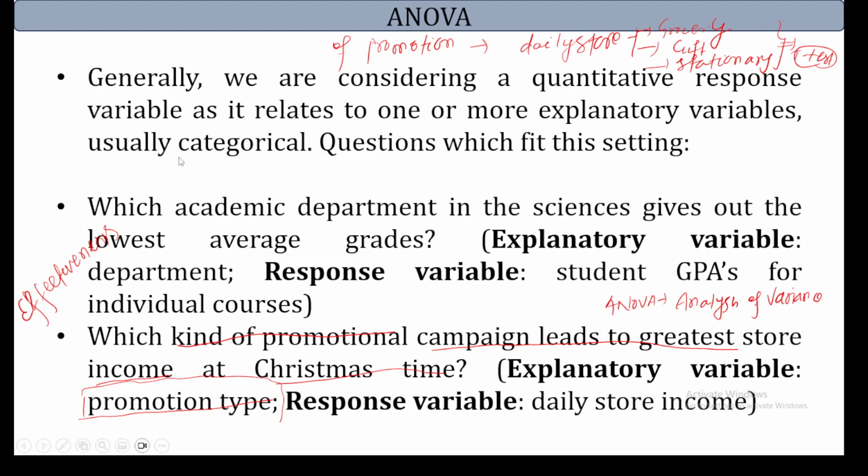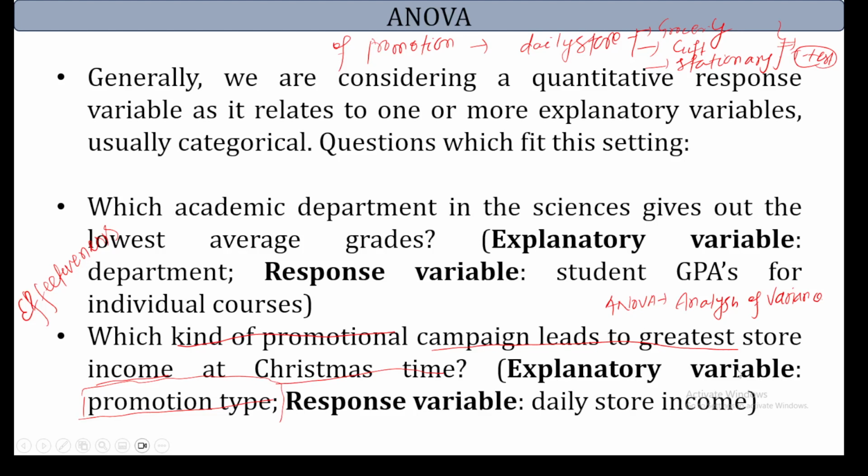So ANOVA is the analysis of variance. Let's say we have an academic department. In that, the lowest average grades will be the explanatory variable and the response variable. Two variables will be there, based on the same thing, but we have to define them in a different way. Then, which kind of promotional campaign leads to the greatest store income at Christmas time?